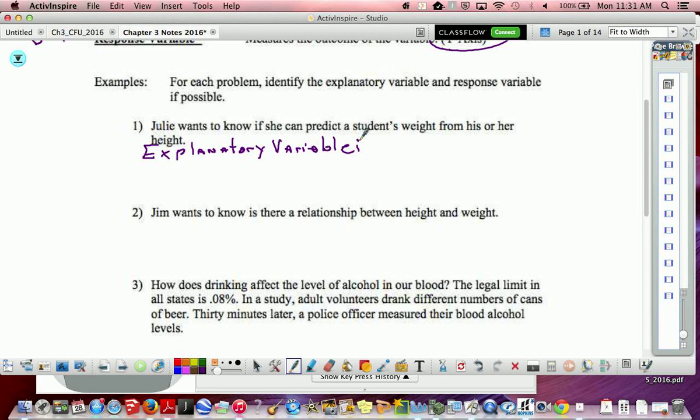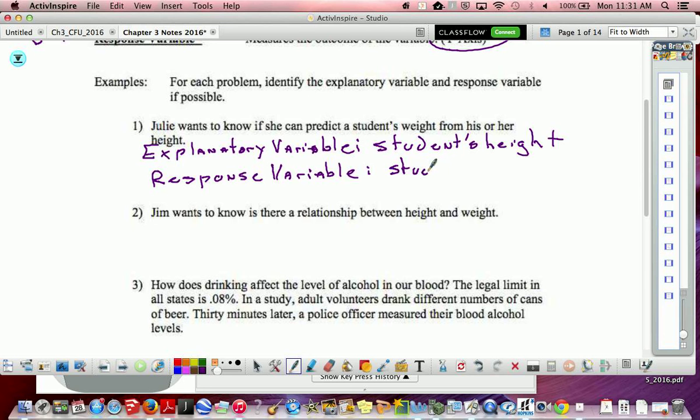A student's height. We're using that variable to predict what? A student's weight.